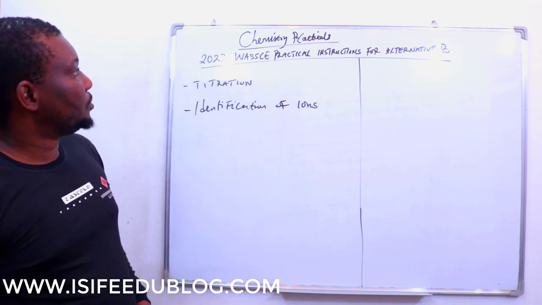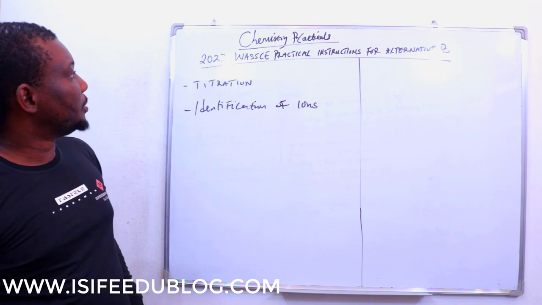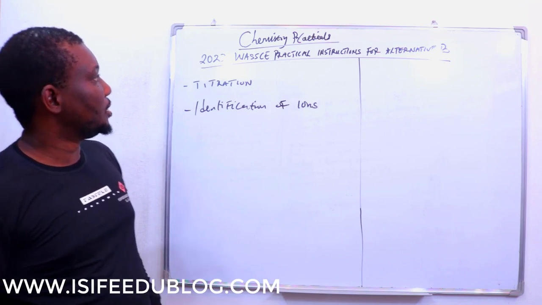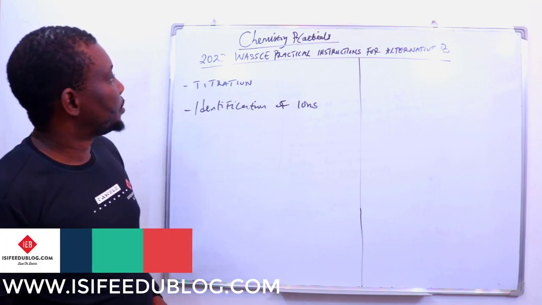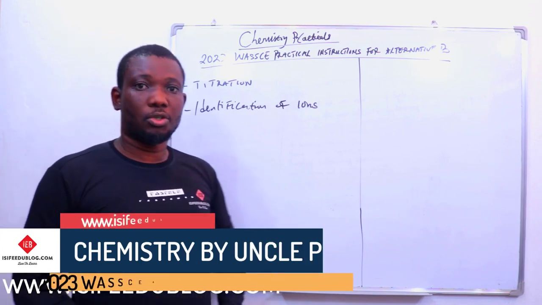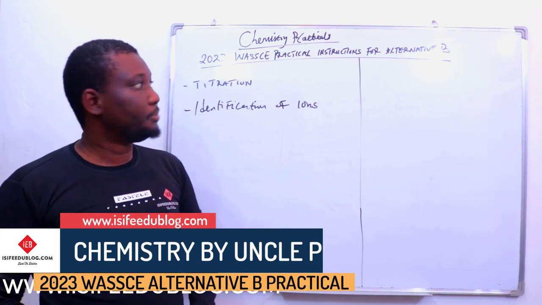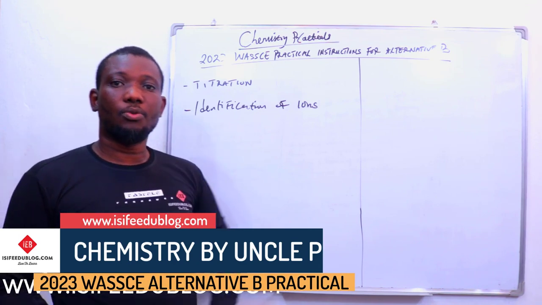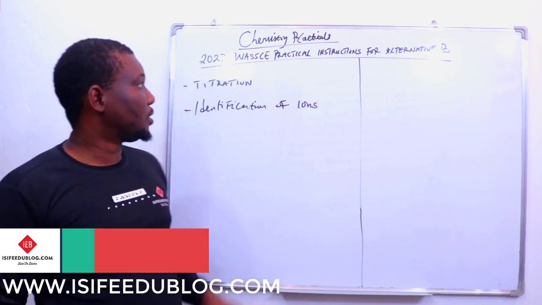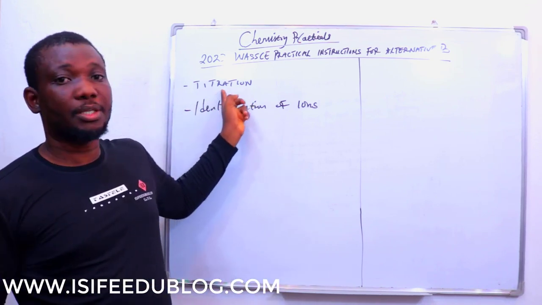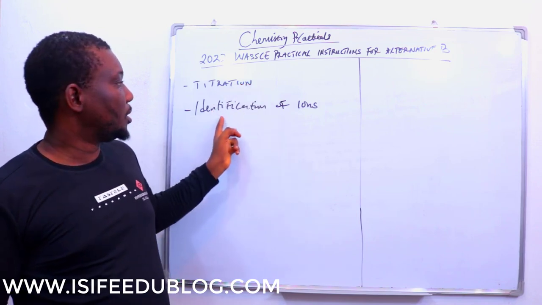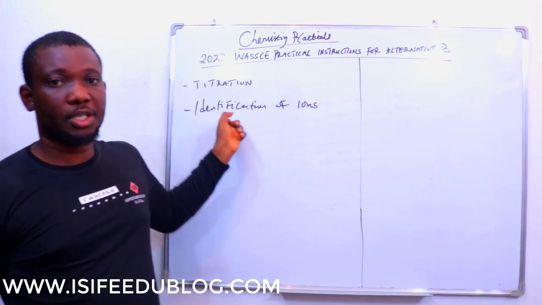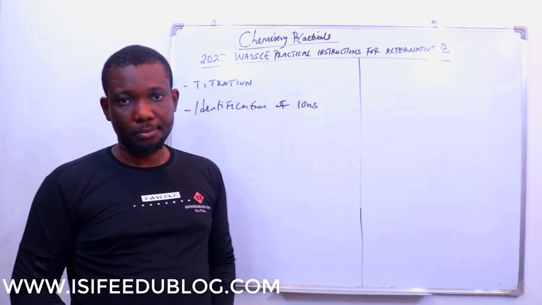In today's video, we will be looking at practical chemistry instruction for alternative B. Two questions are involved: number one will be from titration, and number two will be from identification of ions.